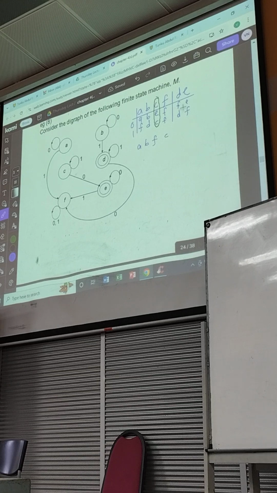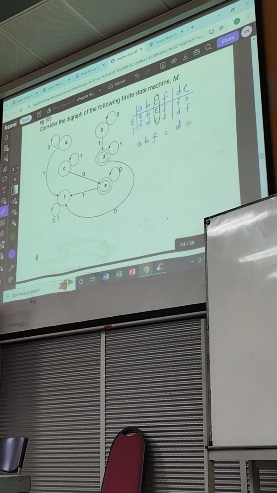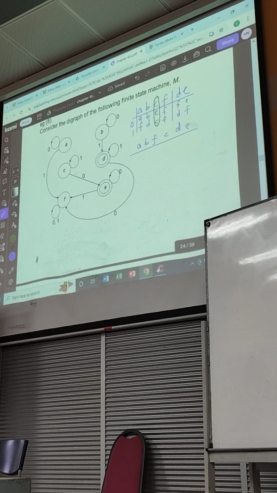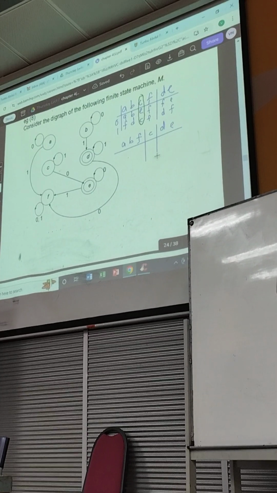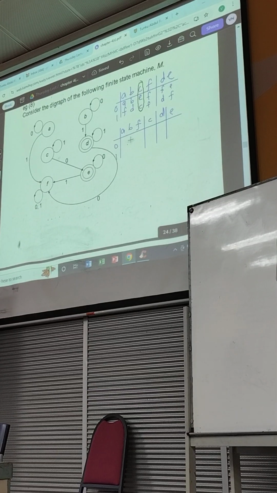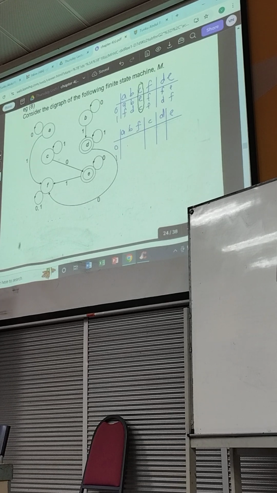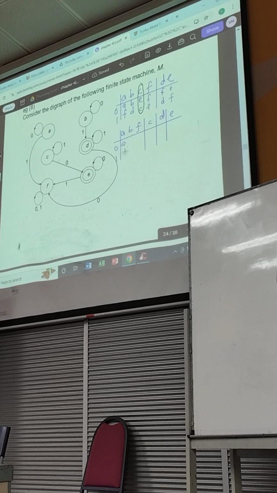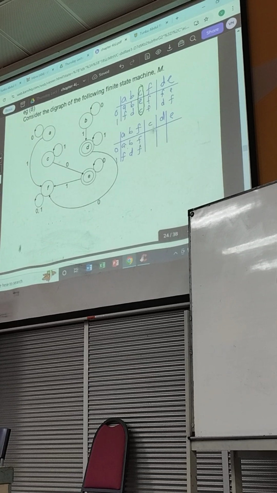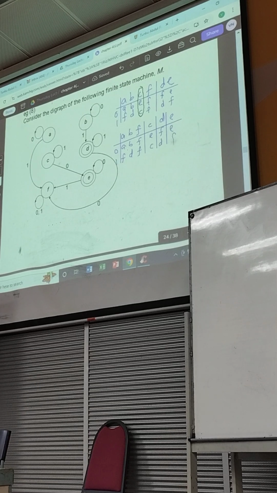No, also, right? So we need to divide this also. Now you take out the C, divide the D and E, and it becomes like this. So we have AF, BD, FF, BC, FD, and EF.